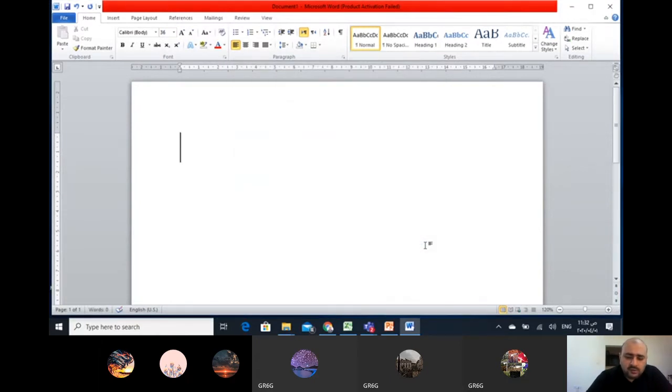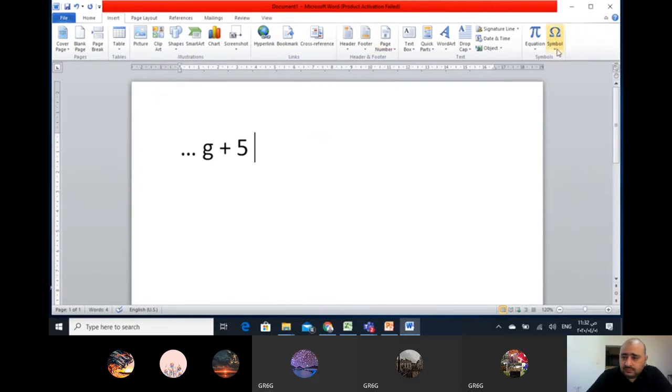Okay, now suppose we have this inequality: g plus 5 less than or equal to 9. Now I want all of you to open your paper or notebook and try to solve this inequality, please.